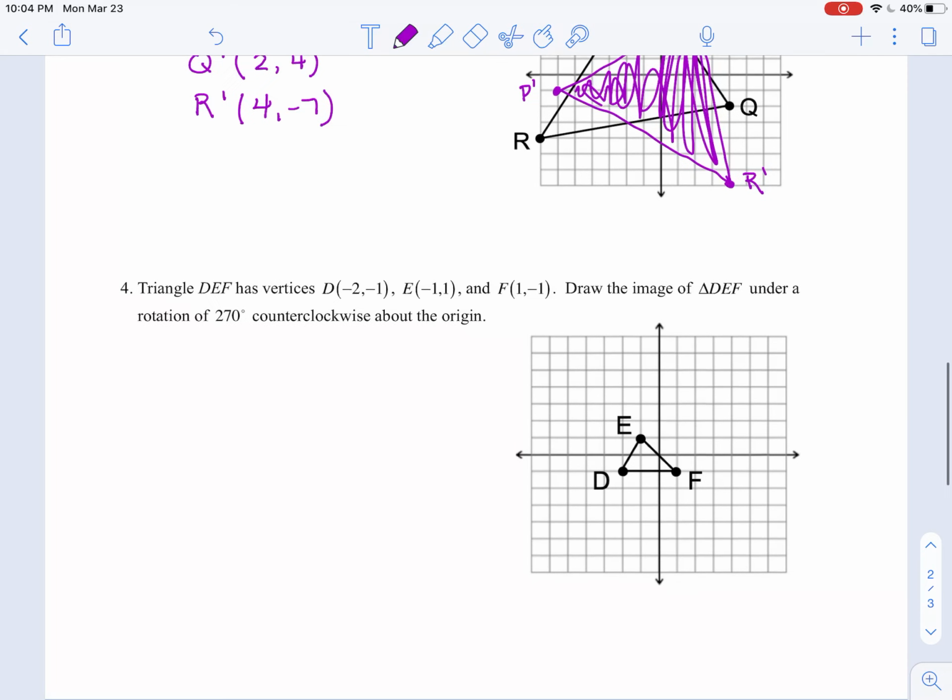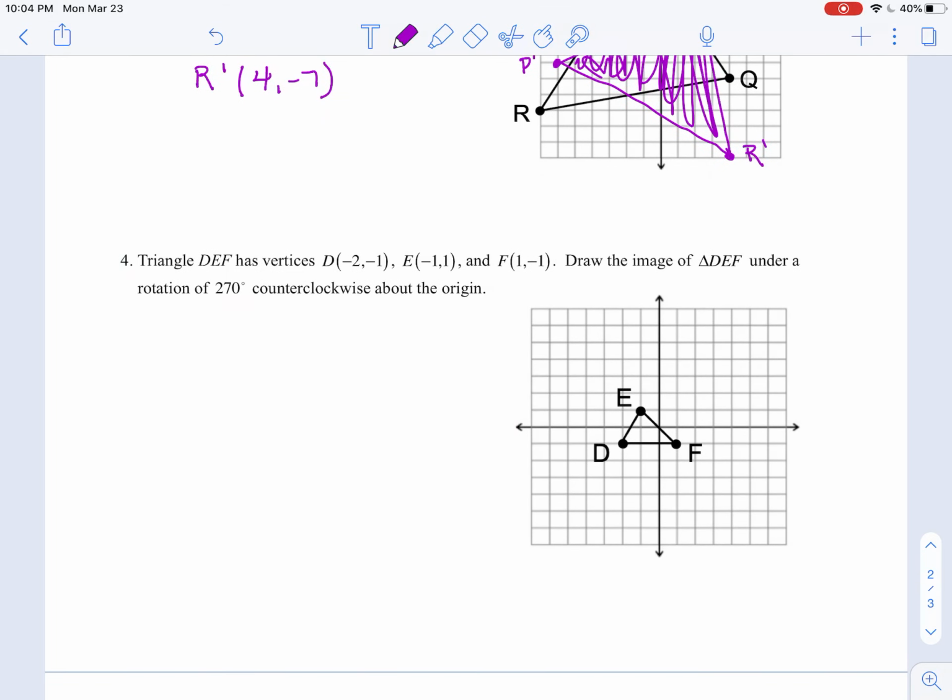And in question number 4, I'm rotating another triangle. This time it's triangle DEF. And we're doing a rotation of 270 degrees counterclockwise again. So a 270 degree counterclockwise rotation takes your coordinates (x, y), switches them, but this time the new y value becomes negative. So (x, y) becomes (y, negative x).